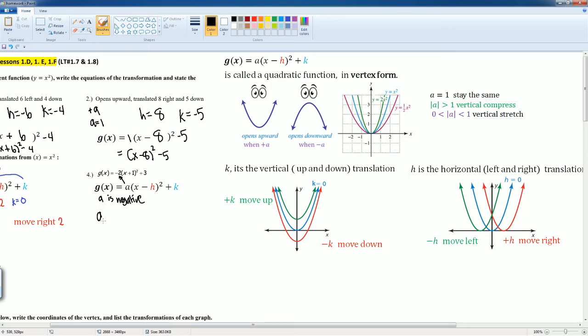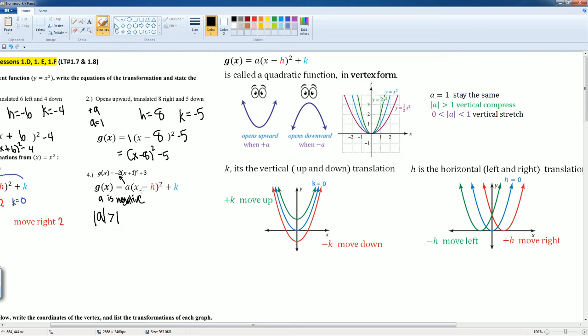And then the absolute value of A is greater than 1. So we can write that absolute value of A is greater than 1. You see how it's 2.